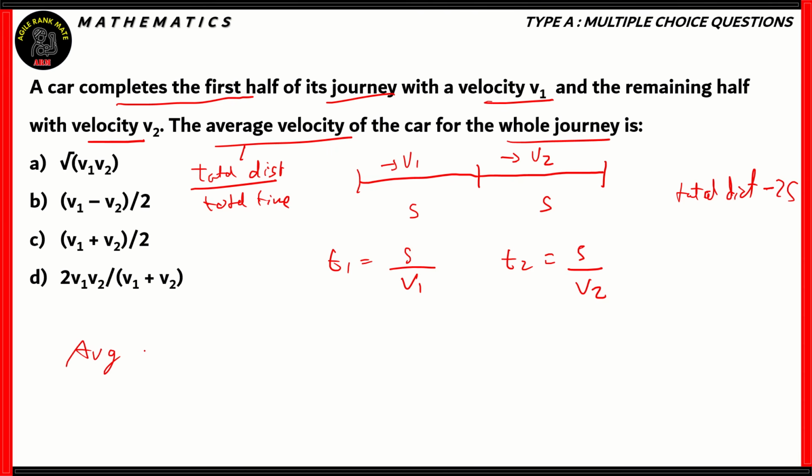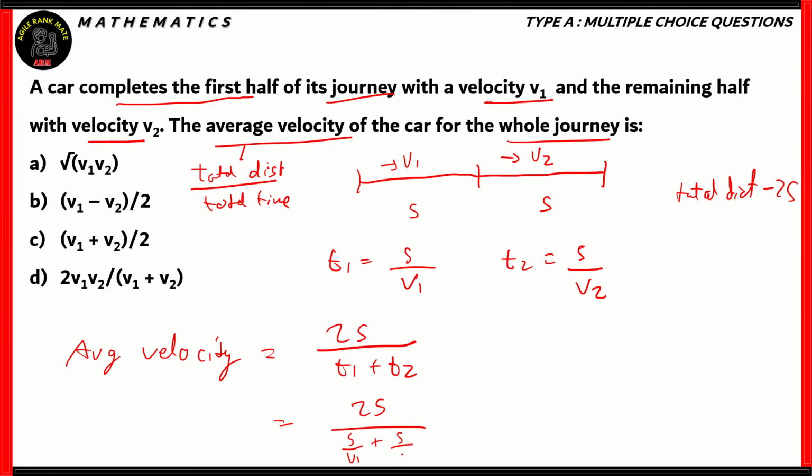So let's calculate average velocity. The average velocity will be 2s over t1 plus t2. So if you were to replace t1 and t2, you will get s over v1 plus s over v2. Now, remember that we have 2s over s by v1 plus s by v2.